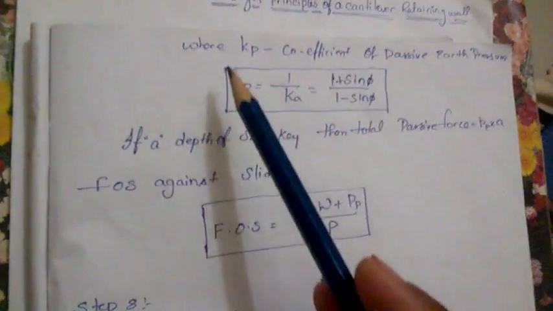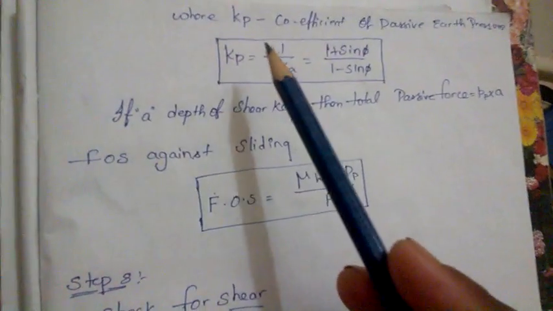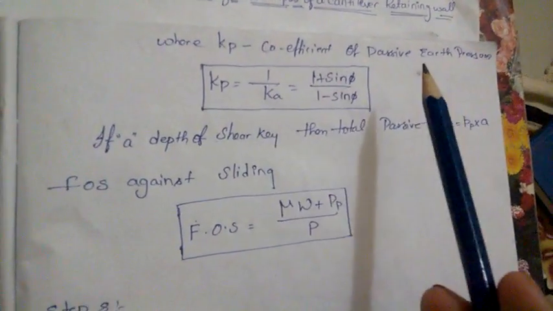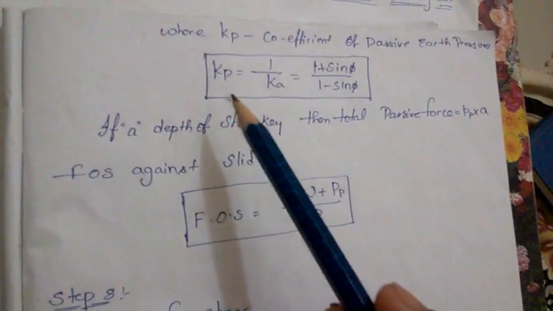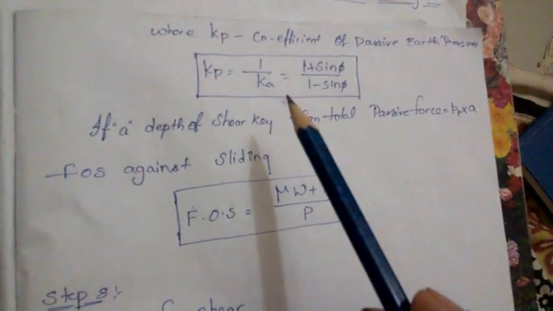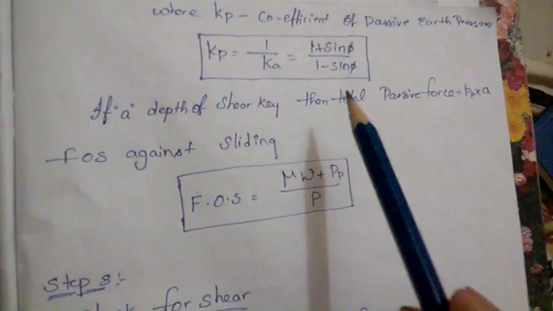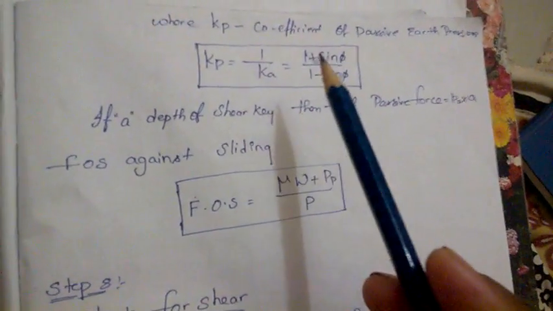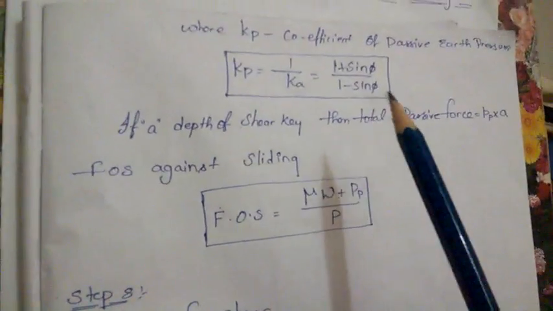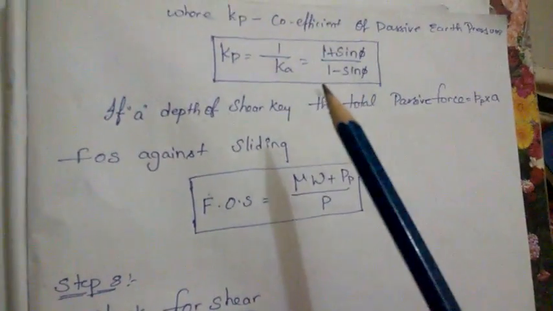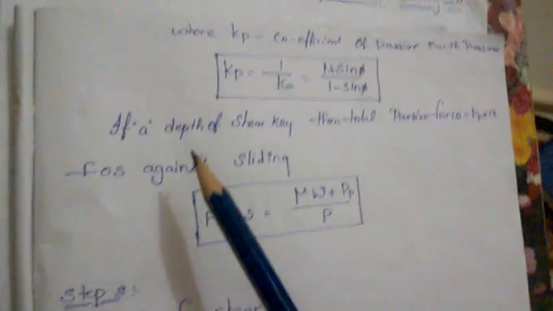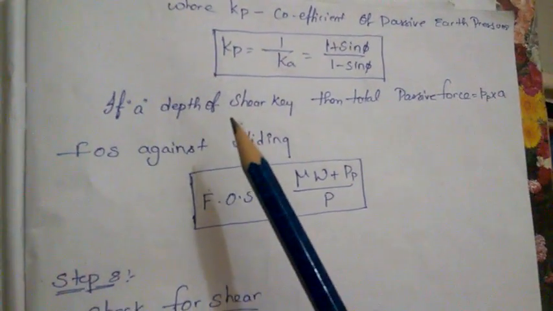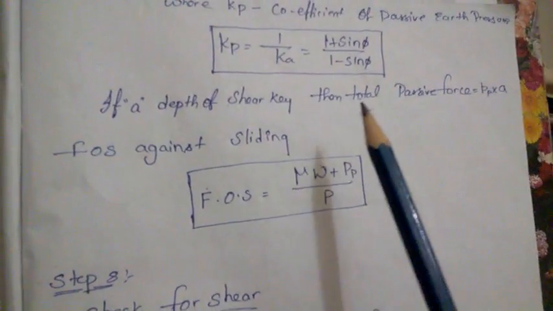Here Kp is the coefficient of passive earth pressure, Kp is equal to 1 by Ka, which is (1 plus sin phi) by (1 minus sin phi), where phi is the angle of internal friction.